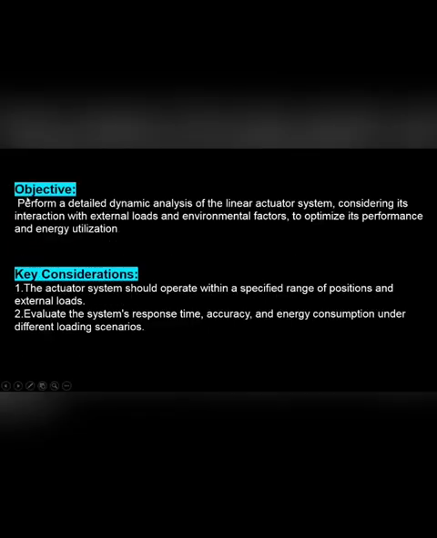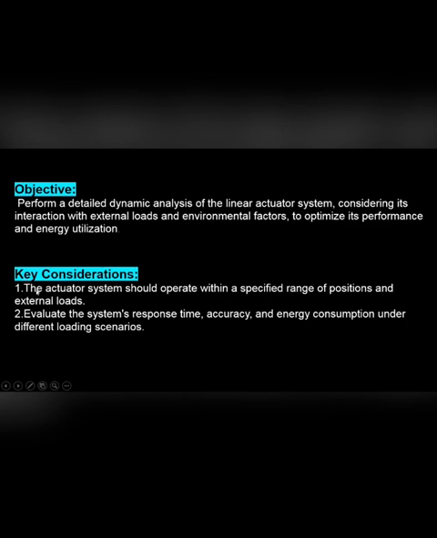Now we have the objective: perform a detailed dynamic analysis of the linear actuator system, considering its interaction with external loads and environmental factors to optimize its performance and energy utilization.